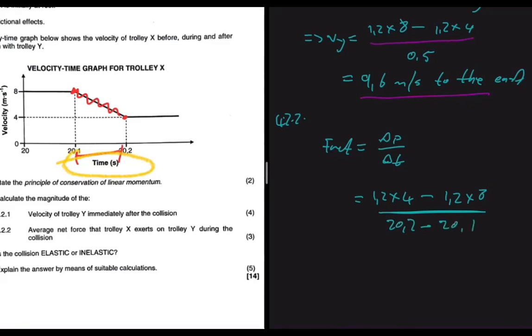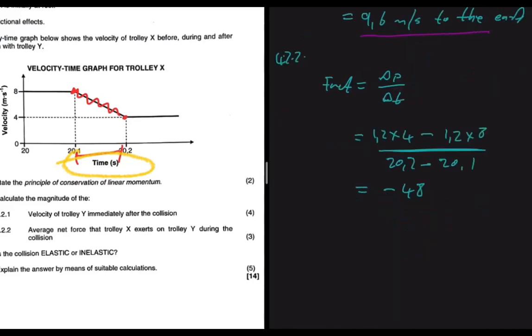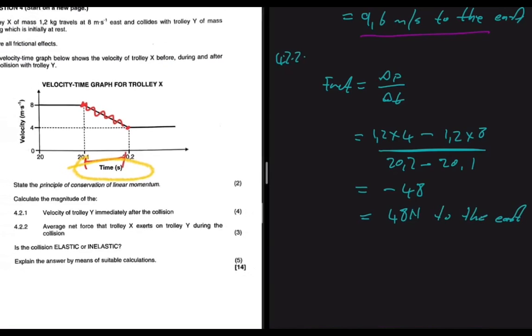If I put that in my calculator, I'm getting minus 48, right? But we've already said that we don't care about the sign. We know that it's supposed to be 48 newtons to the east. And I think that's it for 4.2.2.